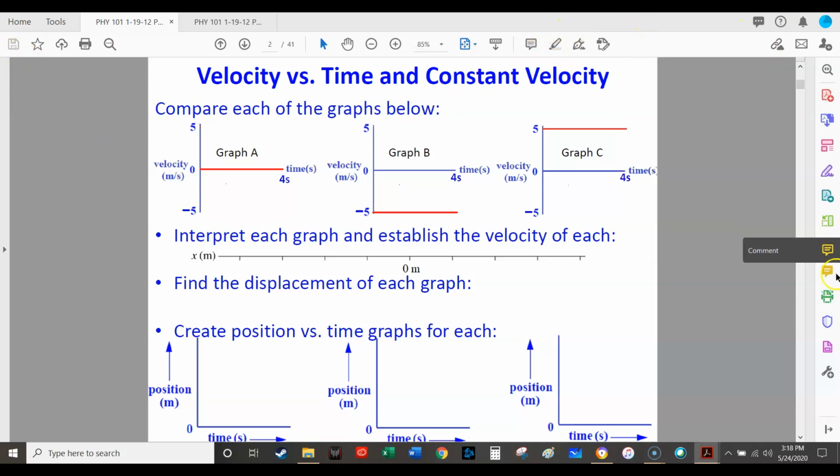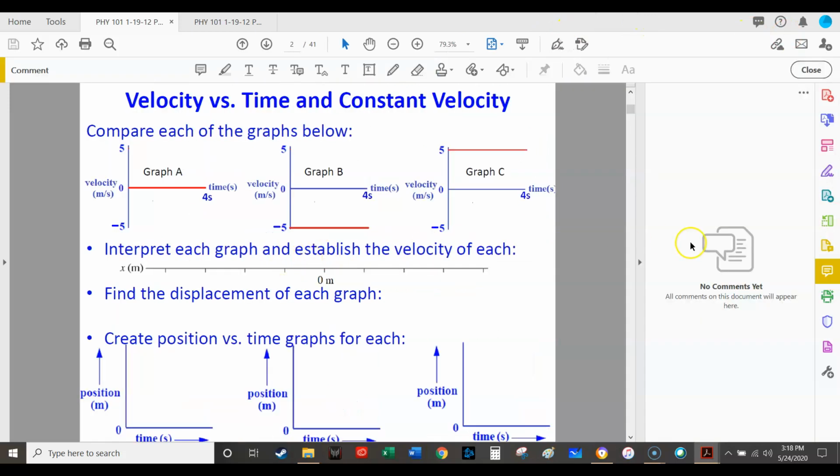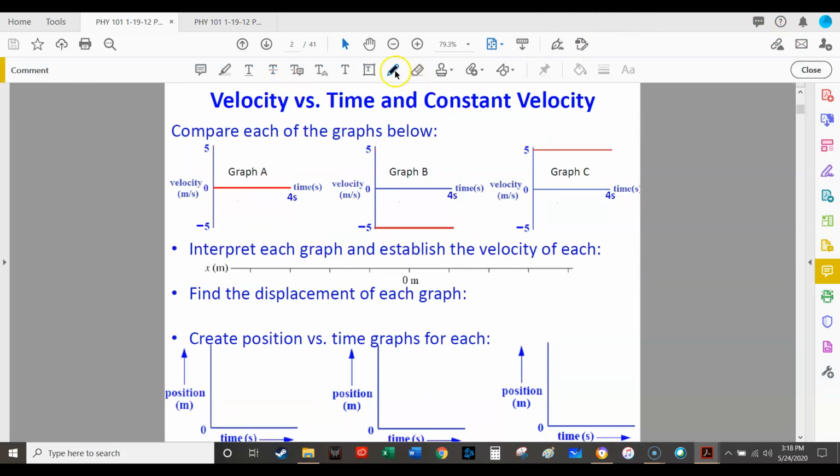I've just input a number line on the notes section. Here we go, we have this first graph. Let's take a look at this first graph and try to interpret what it is saying. So graph A, what is graph A saying?